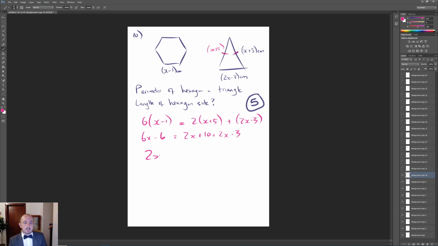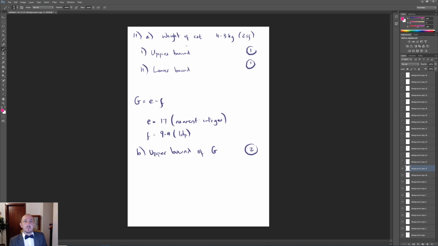So we have 2x when we rearrange this, and we got 10 plus 6 minus 3 is 13. So x equals 6.5. So the length of one of the hexagon sides, which was x minus 1, is 5.5 centimeters.